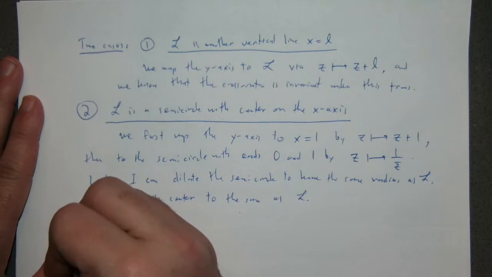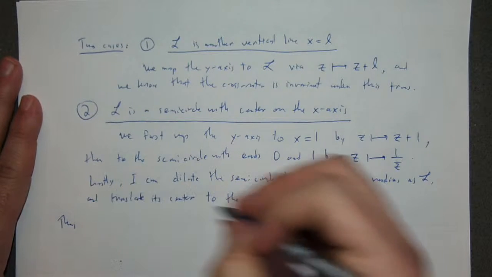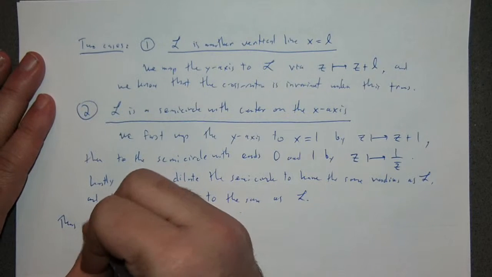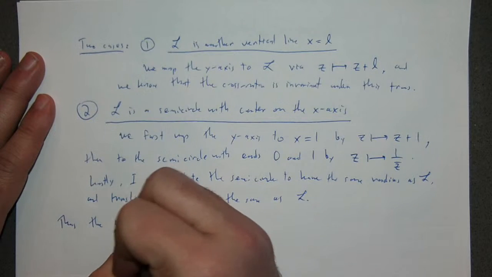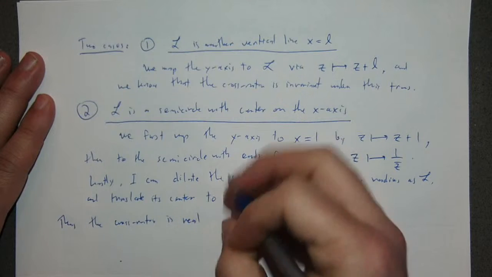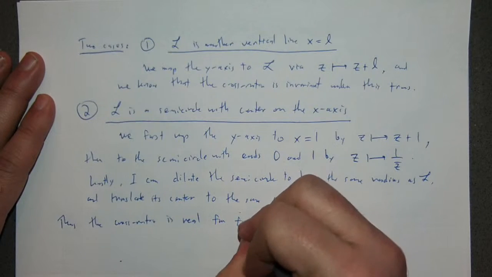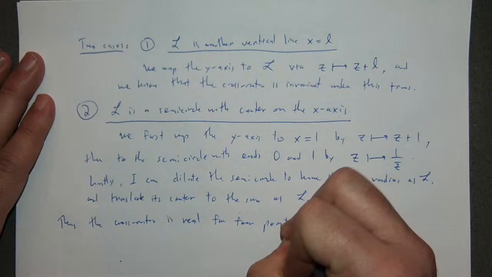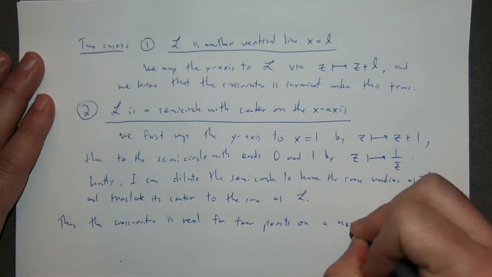Thus, the cross ratio is real for 4 points on a non-Euclidean line.